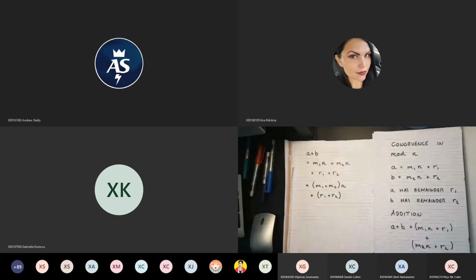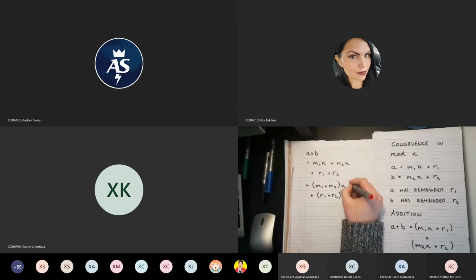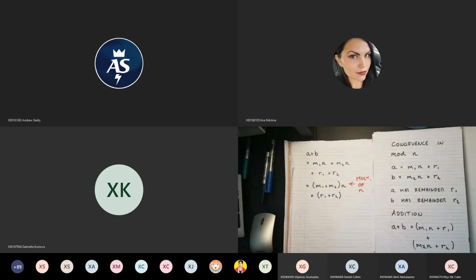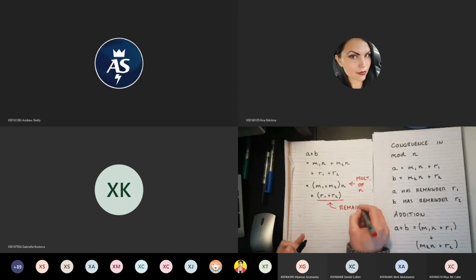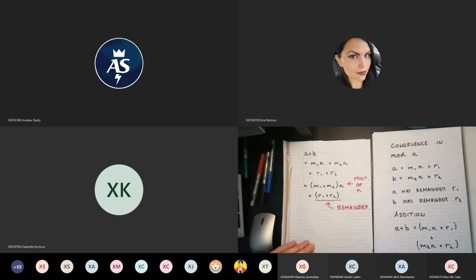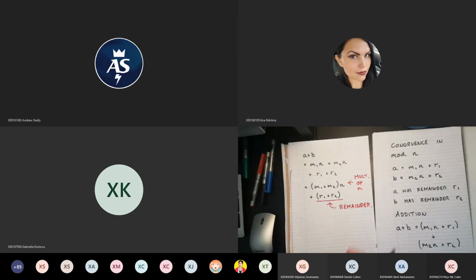This top bit here is a multiple of n, and this bit here is a remainder. So I've now given you a proof that the remainder of a sum is always the sum of the remainders, and I don't need to worry about it. Multiplication is a little bit messier because I'm going to have some bracket terms, but it's still not difficult.